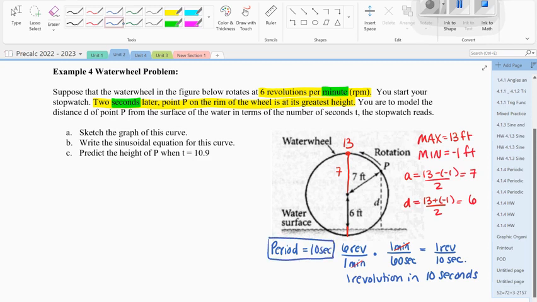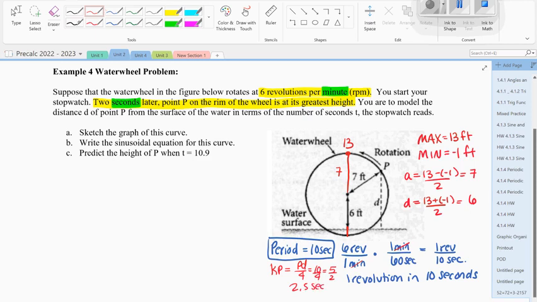So now we know the period. From the period, we can get our key points, because we know the key points are the period divided into 4 equal parts. So 10 divided by 4 is 5 halves, or on a graph, we're just going to use 2.5 seconds to make it easier.